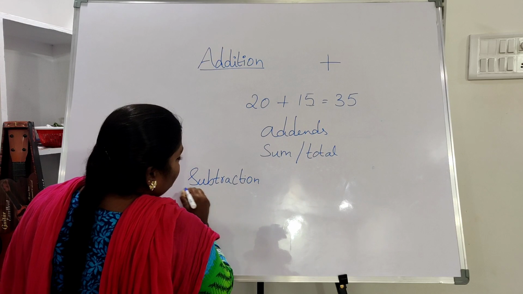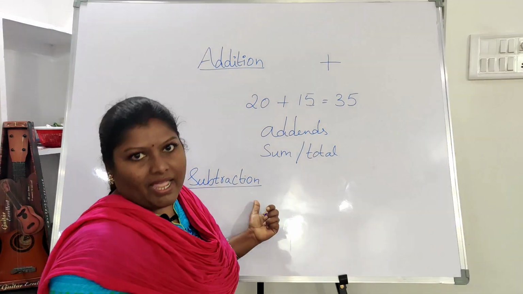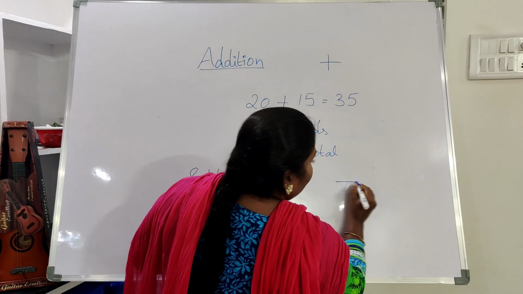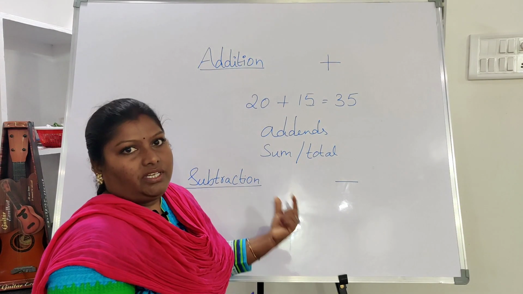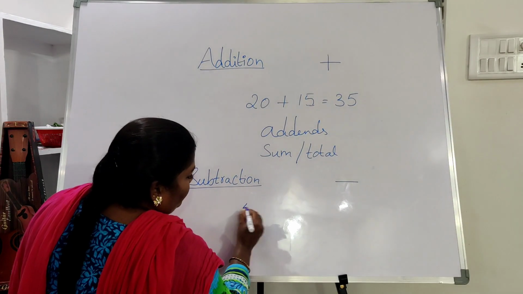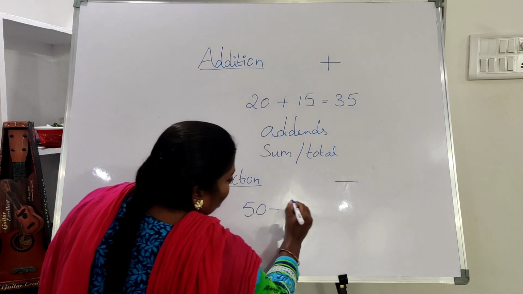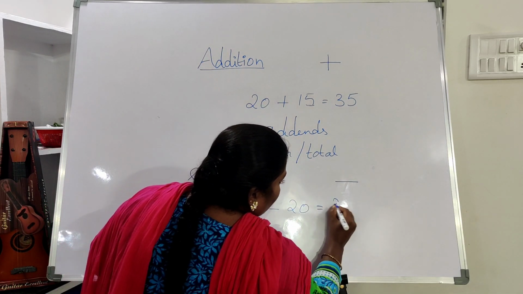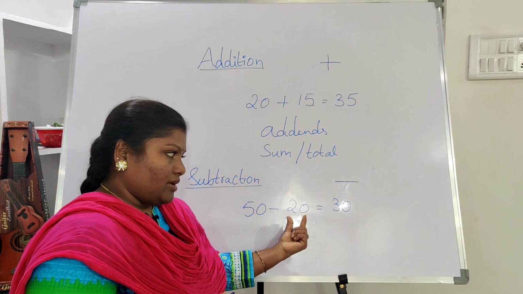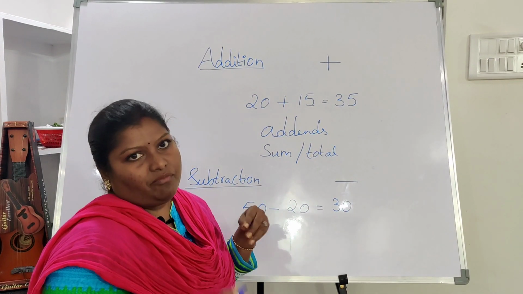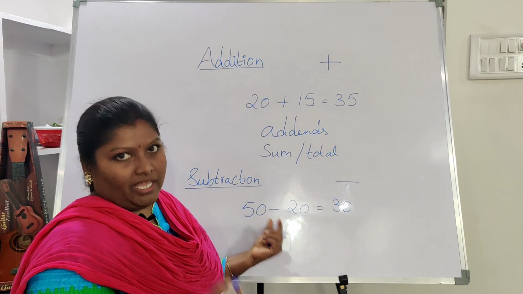Here the symbol of subtraction is minus, and for instance, let me take 50 minus 20 is equal to 30. Here this number, this number and this number, we have a name for each.